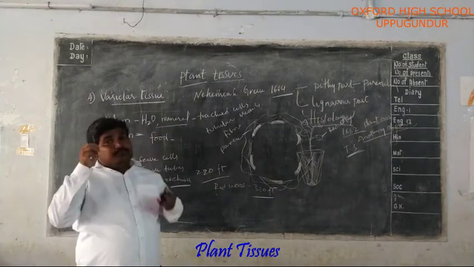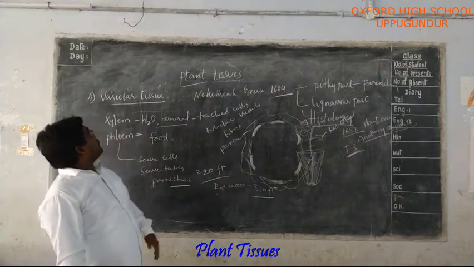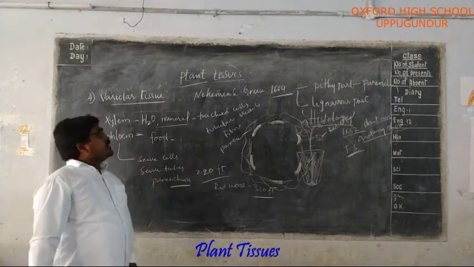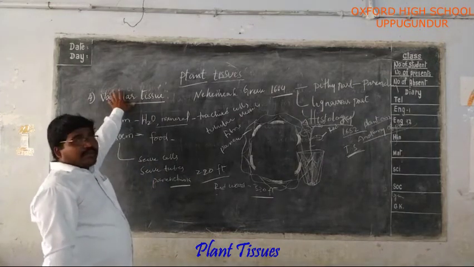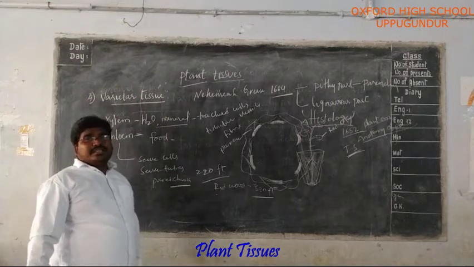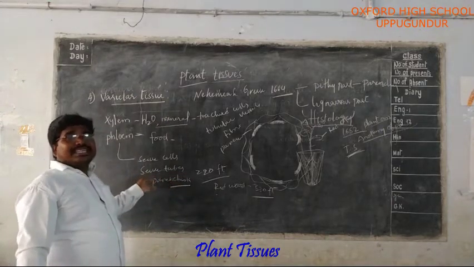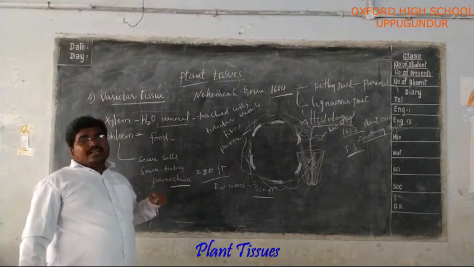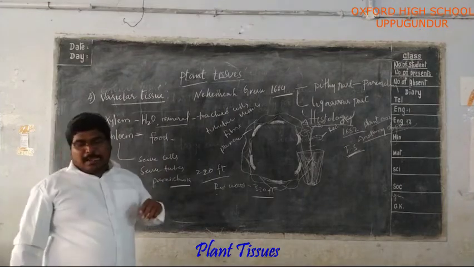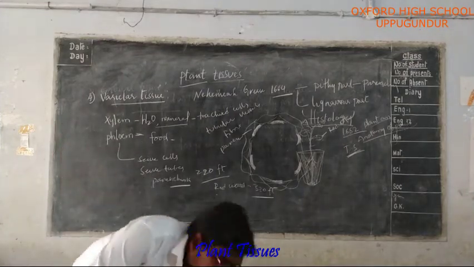So, dear students, up to now we discussed ground tissue and vascular tissue. Here, in vascular tissue, the phloem and xylem are very important. We will have this question in the 10th class also. So for that, we will see what the differences are.